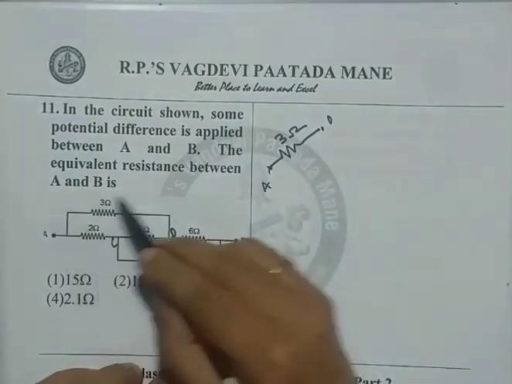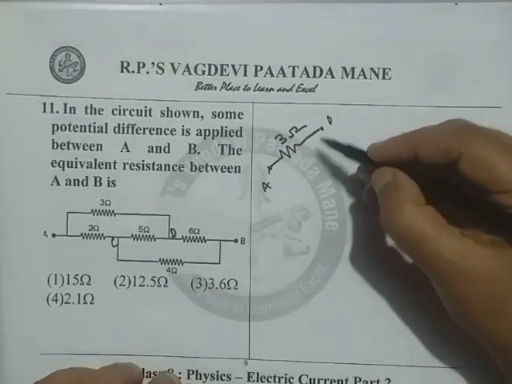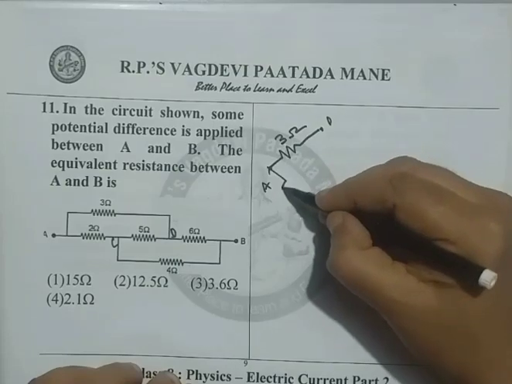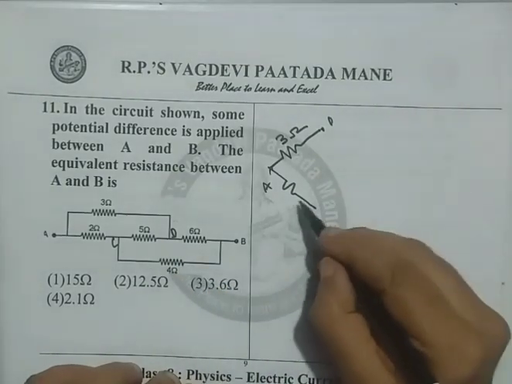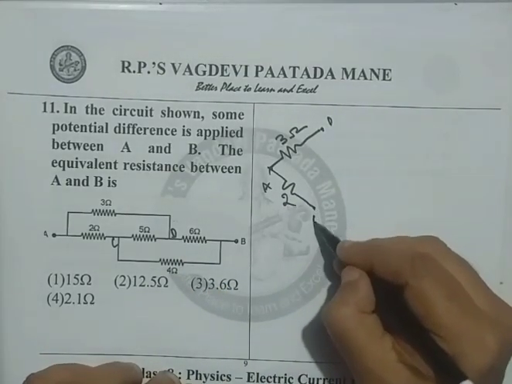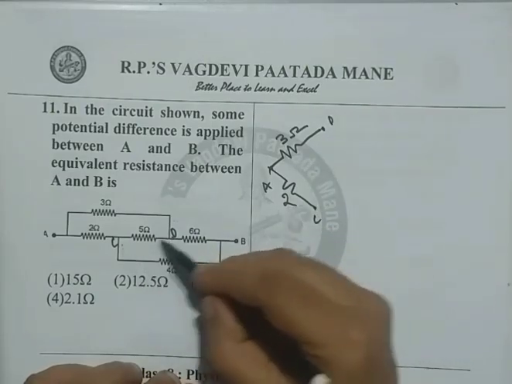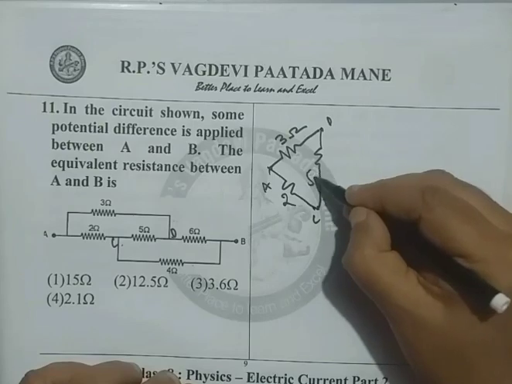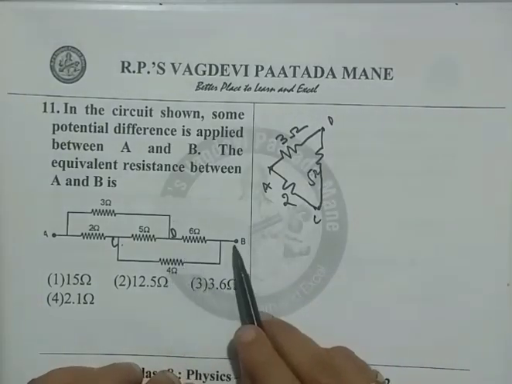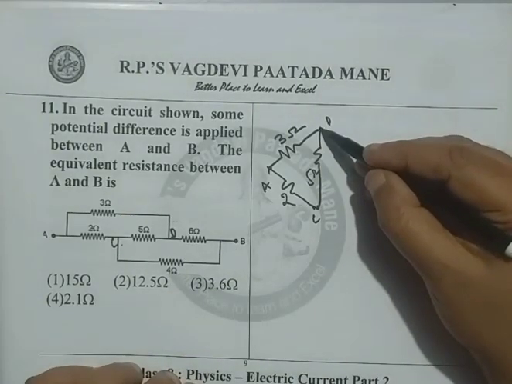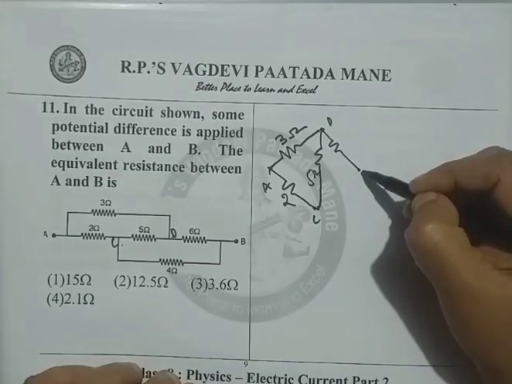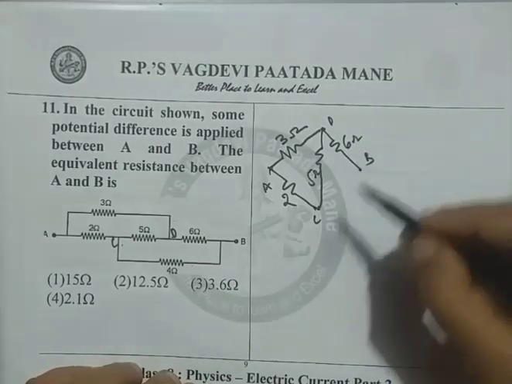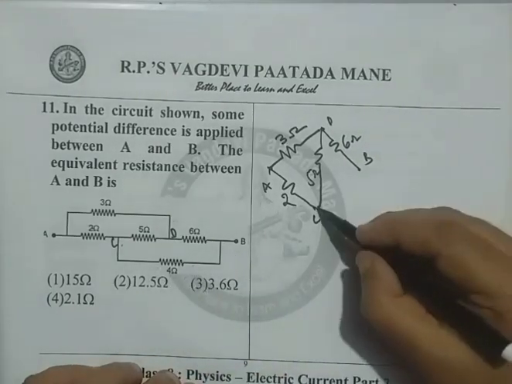And then A to C, I can write 2 ohms. And D to C, there is a 5 ohm. And then D to B, there is 6 ohm. And B to C, 4 ohms.